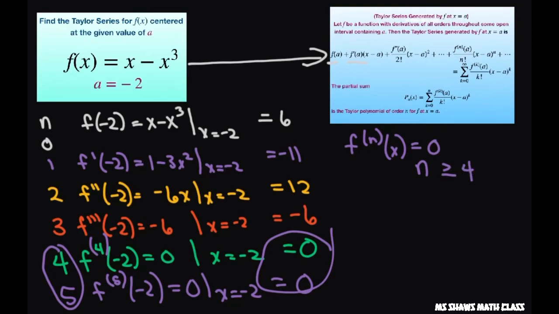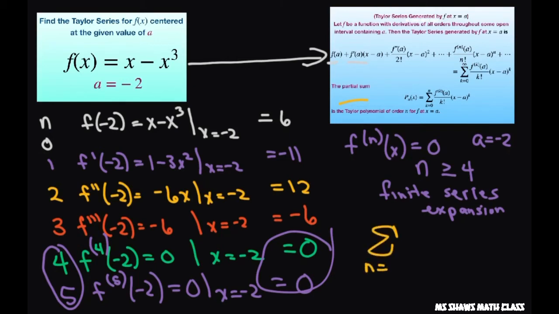So f has a finite series expansion about a equals -2. So we're going to write this as a finite series expansion. That means when I write my summation, it's going to be the sum from n equals 0 to 3.